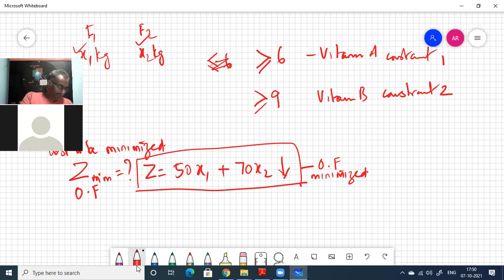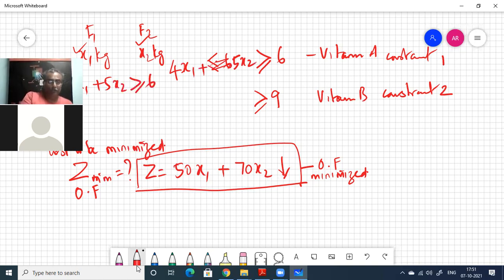Vitamin contents of the mixture contain, food 1 contains 4 units per kg of vitamin A. So for x1 kg, each kg contains 4, so total amount of vitamin when you produce x1 is 4 into x1, and F2 contains 5 units per kg of vitamin A. So your constraint becomes 4x1 plus 5x2 greater than or equal to 6.